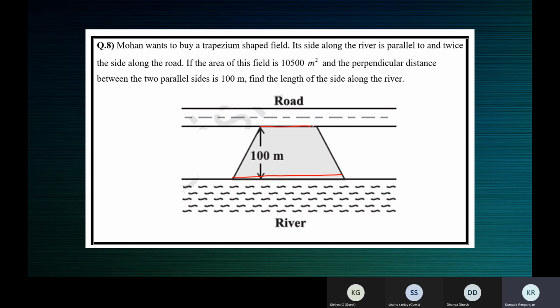These are the two parallel sides of the trapezium. One side is along the road and the other side is along the river.